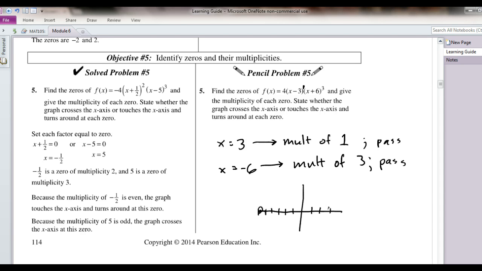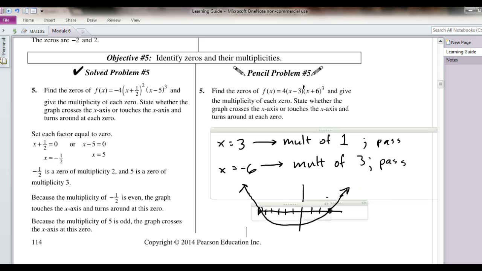Then let's figure out the end behavior. We have a 4x to the first power and x to the third power. That's 4x to the fourth power, so both sides should end up rising. So it just passes through, maybe some funny stuff happens, but eventually we're going to get something like this. And that is how we graph number 5.